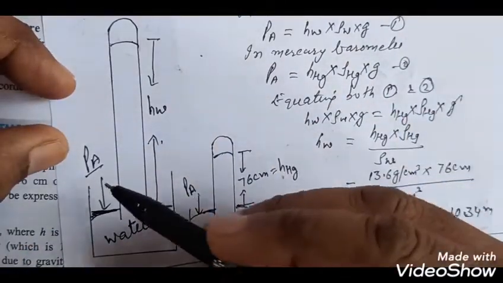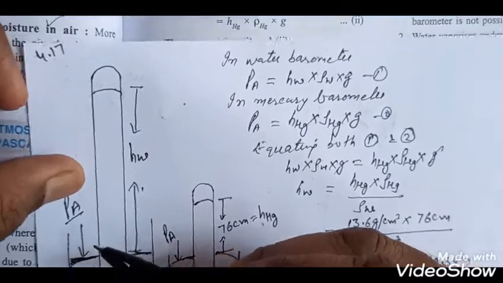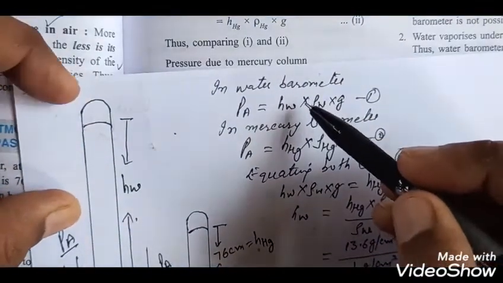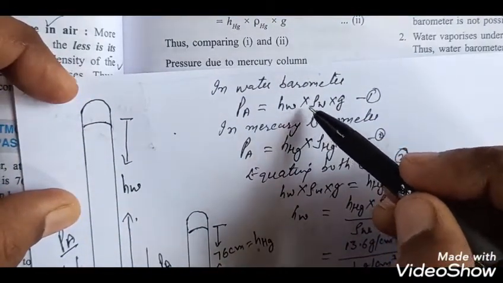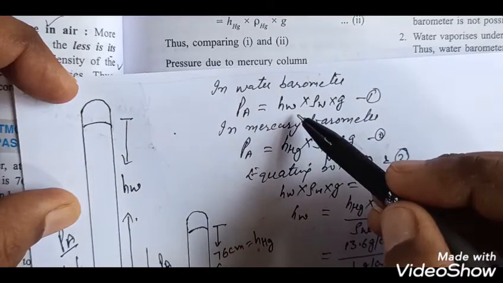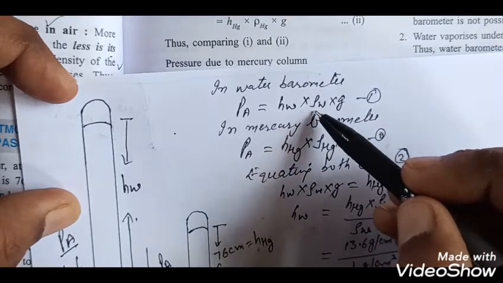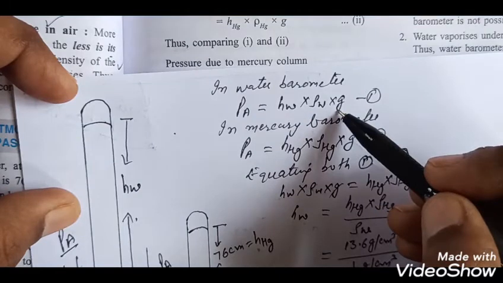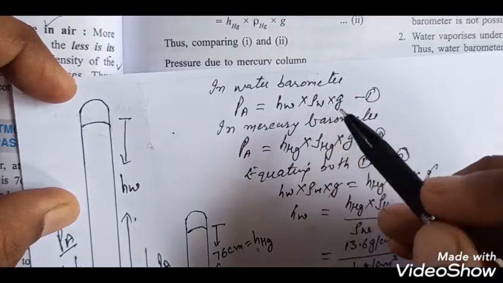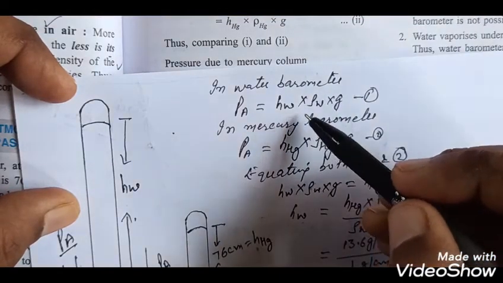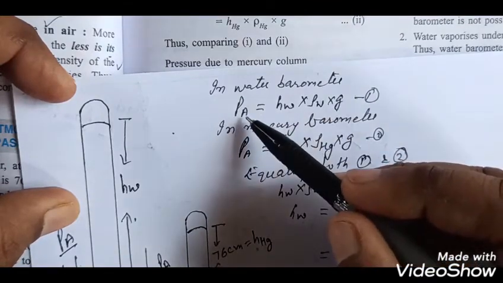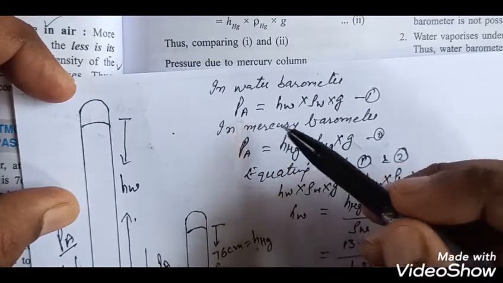Now, what is the pressure exerted by HW height of water in the barometer? It is h rho g, that is HW rho W into g. This is the pressure exerted by HW height of water, and that is equivalent to atmospheric pressure outside.